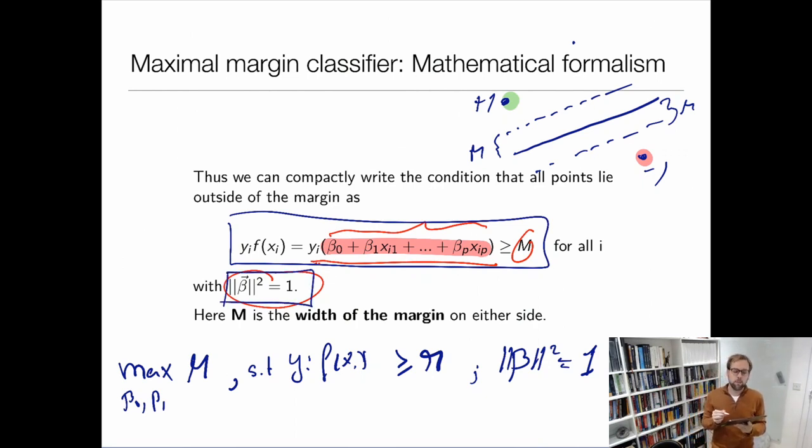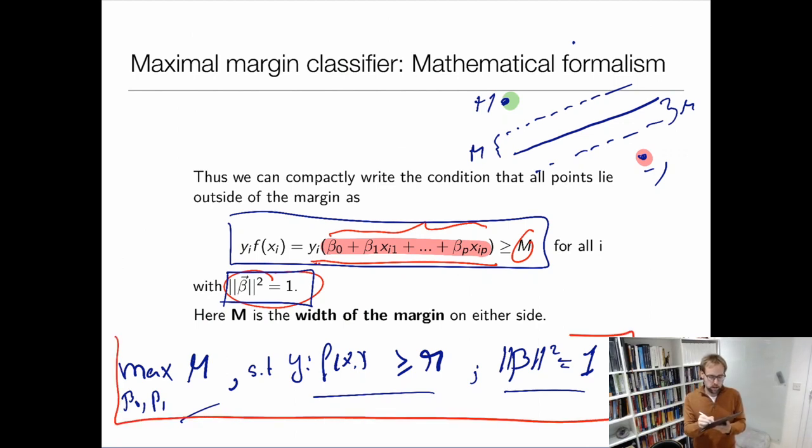So my optimization problem becomes: maximize the margin such that all points are outside of the margin, which is given by this first equation if beta has length 1. And this is the optimization problem for the maximum margin classifier.